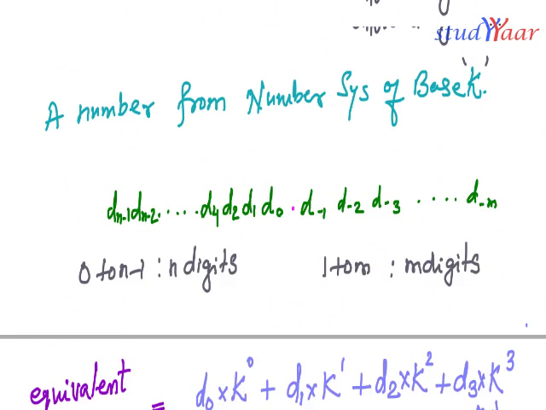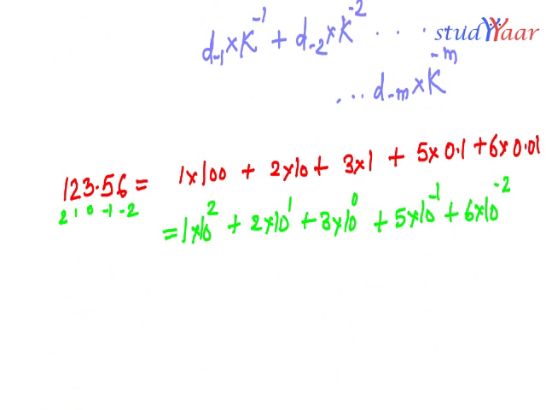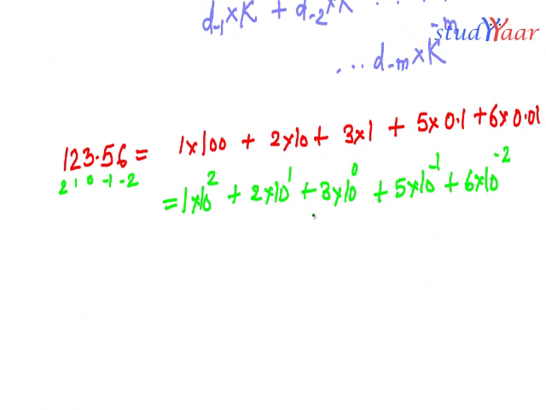Similar to what we have done over here. 0, 1, 2, 3. Okay, this is 3. I think I have written it as 4. This is 3. Okay, 0, 1, 2, 3 in this direction, and minus 1, minus 2, minus 3 in this direction. Okay, so this is my equivalent decimal value.